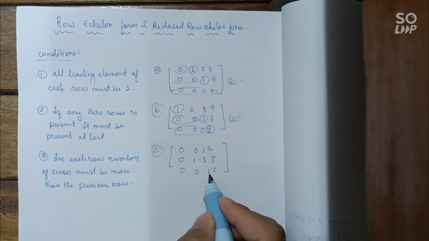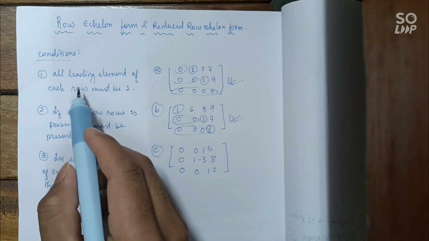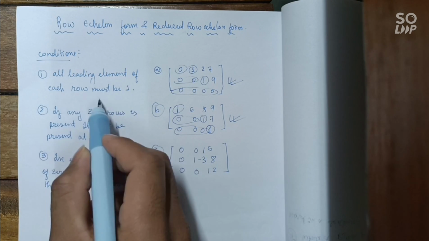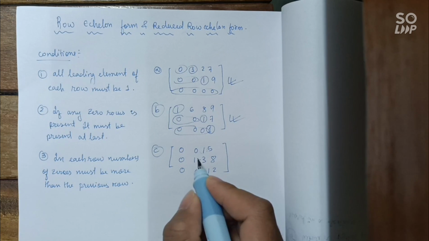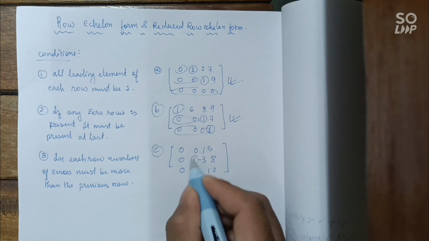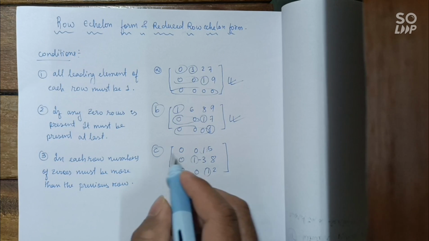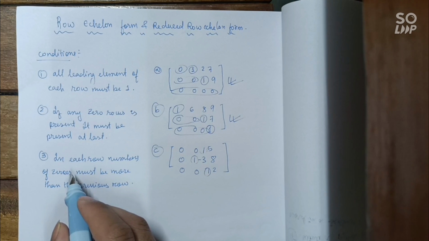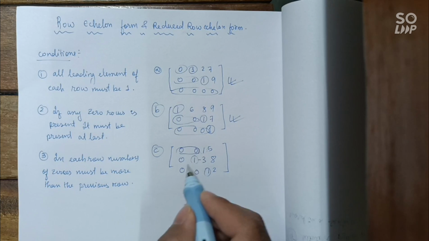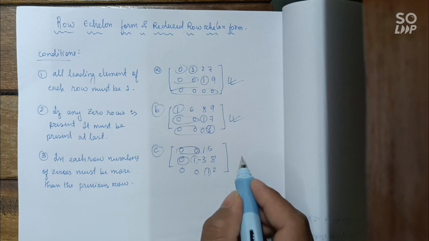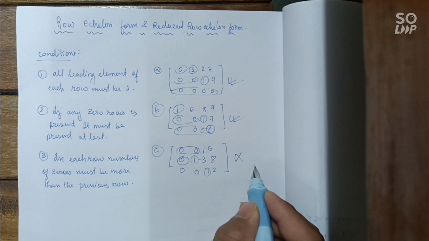Let's check condition number 1, which says all leading elements of each row must be 1. So here we can see that the leading element is 1 here, here also it's 1, and here also it's 1. But as you can see, it doesn't satisfy condition number 3. In the beginning row it has 2 zeros, but in the second it has only 1. So this is not in row echelon form.